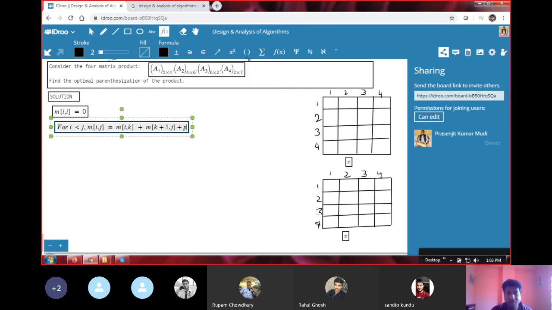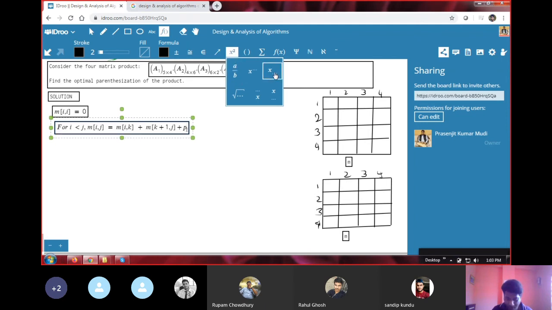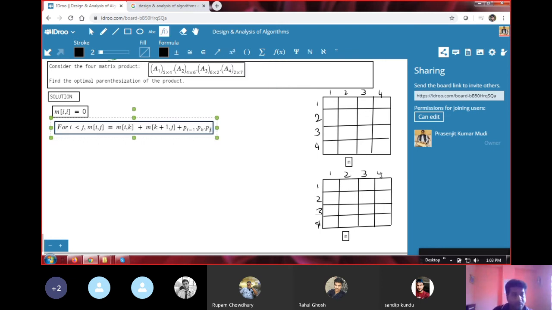Try to remember the formula, please note it down.